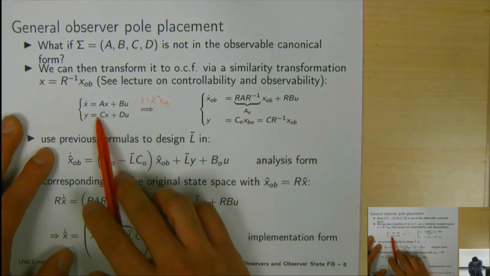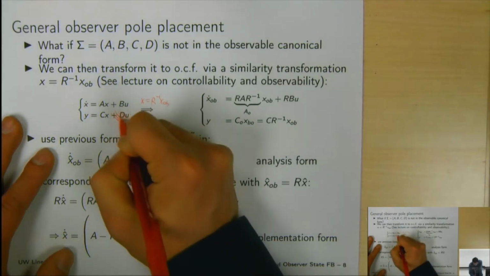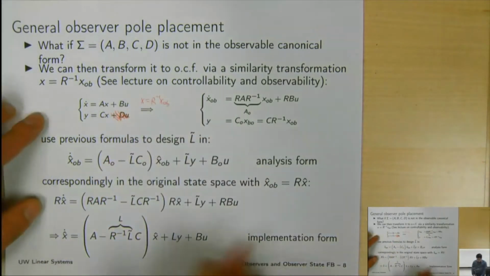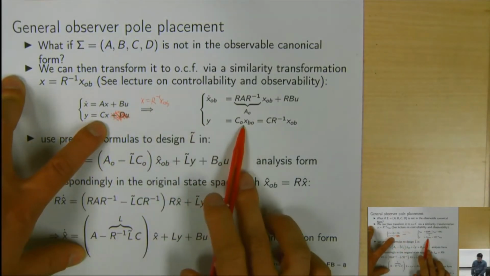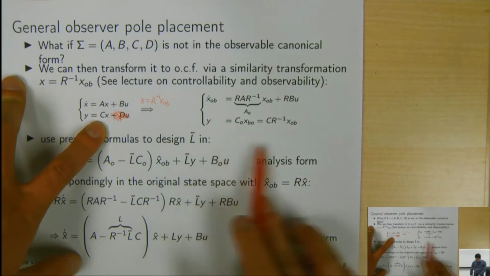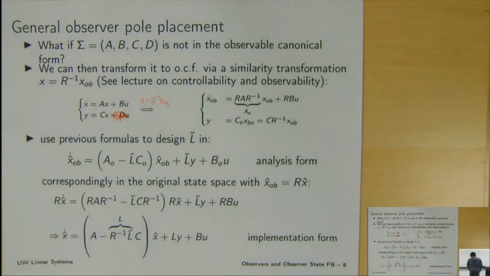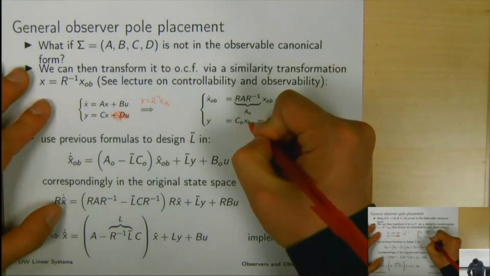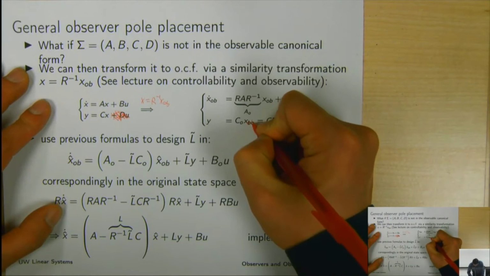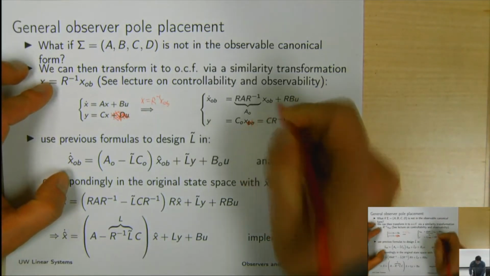And similarly for y, let's do the case y equal to Cx. The new C matrix is going to become C times R inverse. All right, those are the structures that we are looking at.